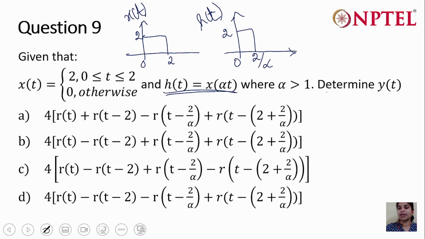Now you have to determine what is y of t. So we have to find what is y of t. We have x of t, the input, and we have the impulse response h of t. We are finding the output y of t.